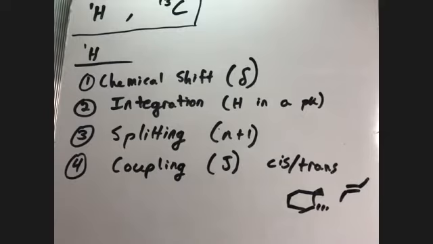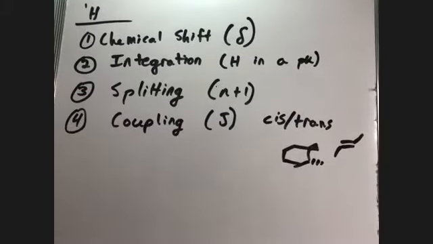But again, we won't stress on that. That'll basically just be something that you'll need to memorize, what the constants are that correspond to cis and trans. Okay, so we'll start with chemical shift.